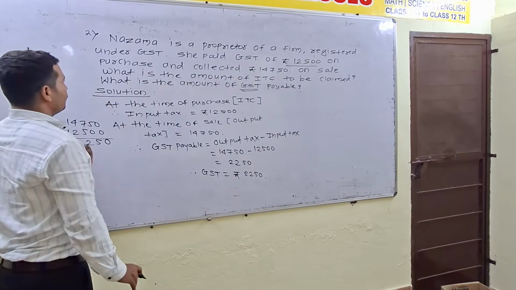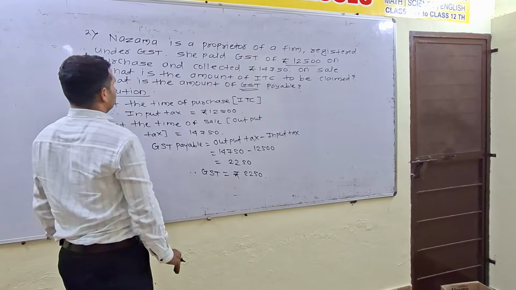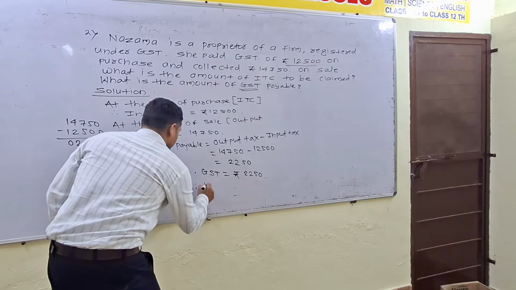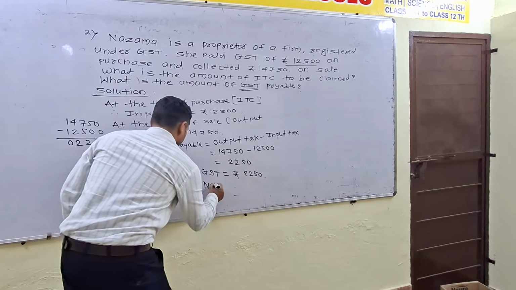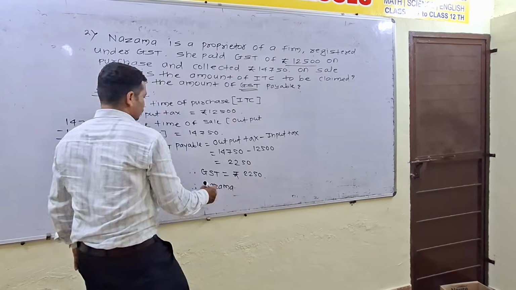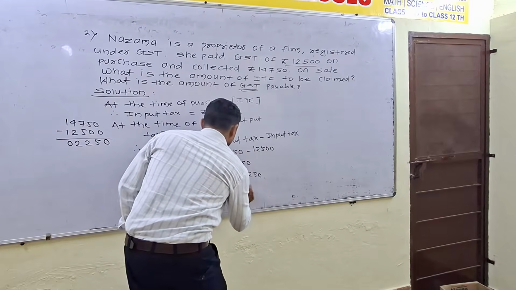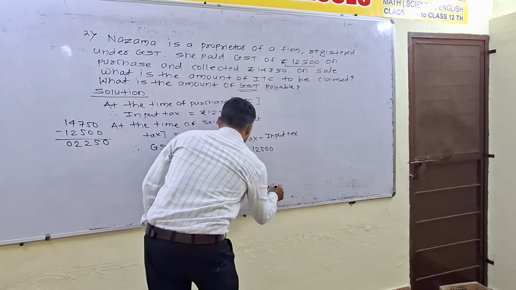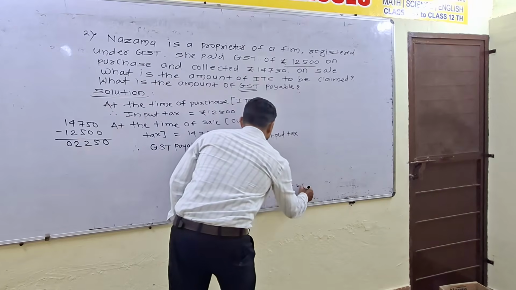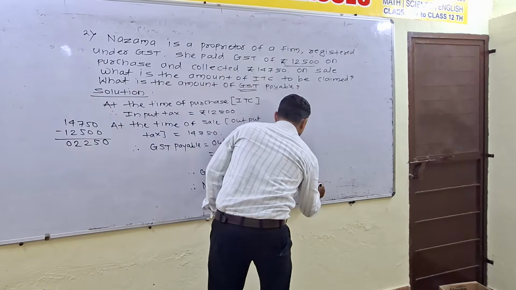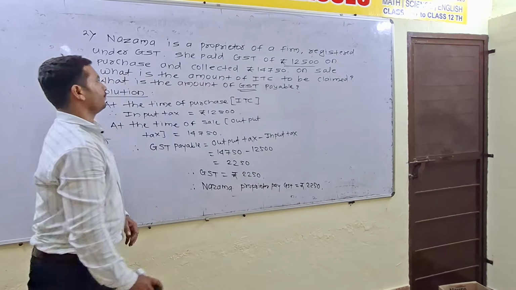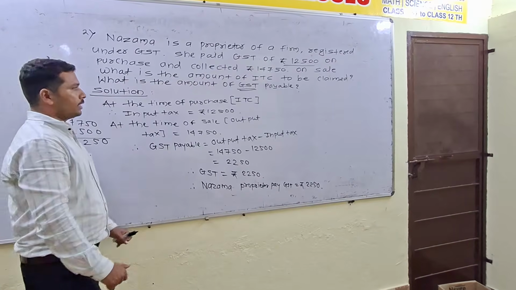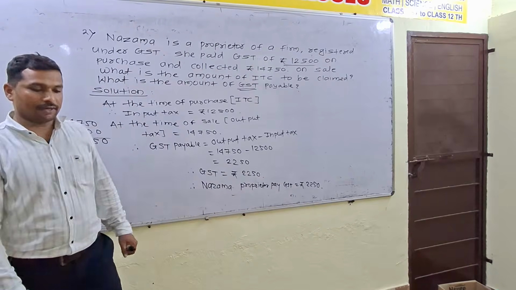Write down this statement: Nazma proprietor pays GST rupees 2,250. That is the right answer. Nazma proprietor pays GST 2,250 rupees. Okay, write down quickly.